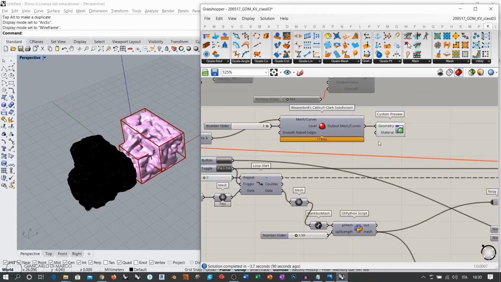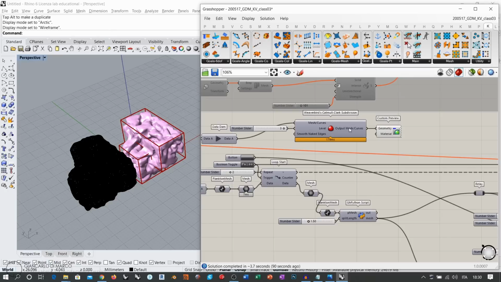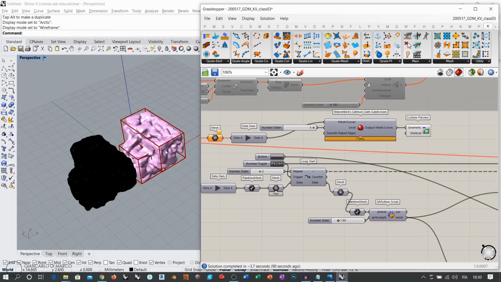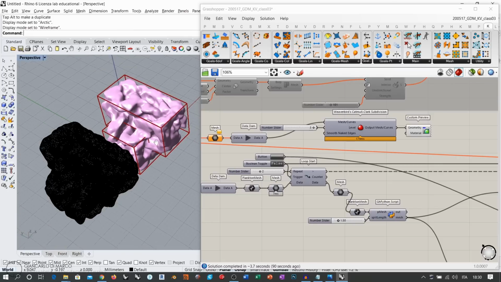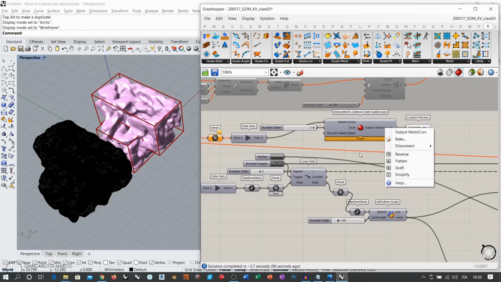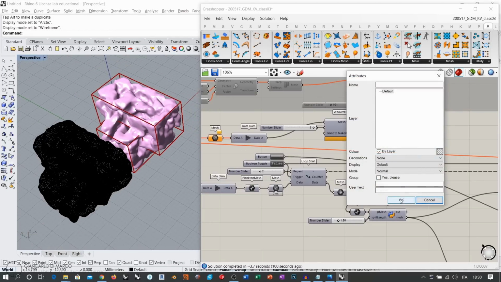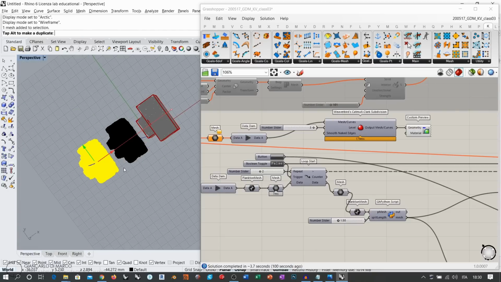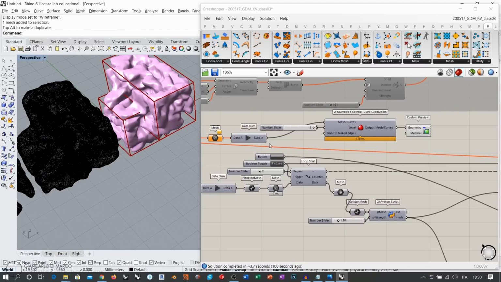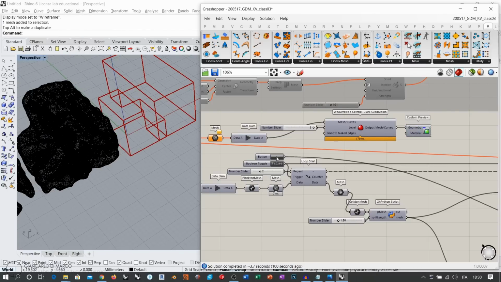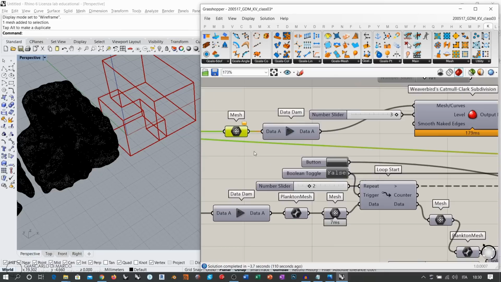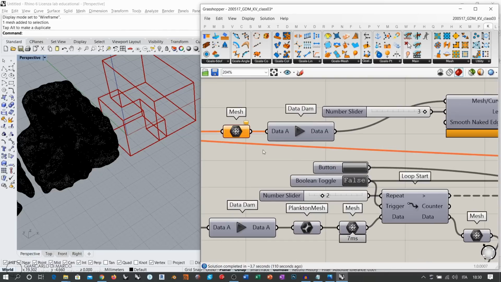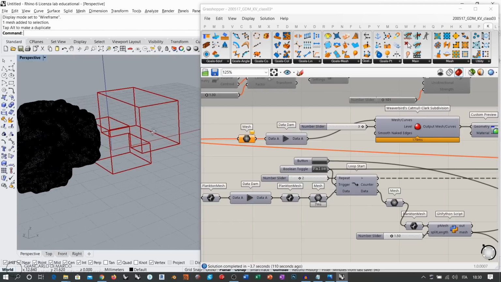Now, one simple consideration is this one. What I'm going to do right now, well, before going on, let me bake this. So we have two reference objects like this. Okay, so let's turn this off and reset everything. So one recommendation is this.